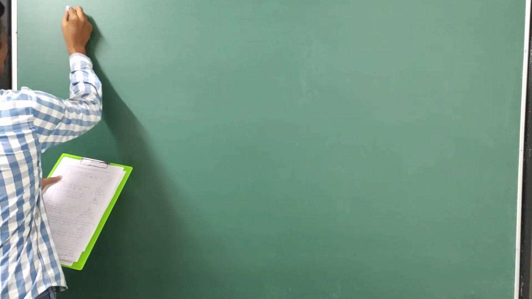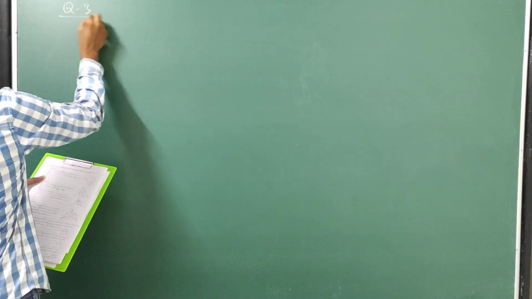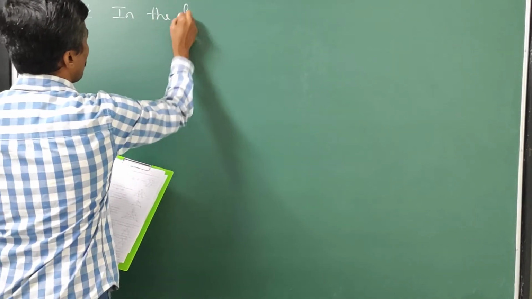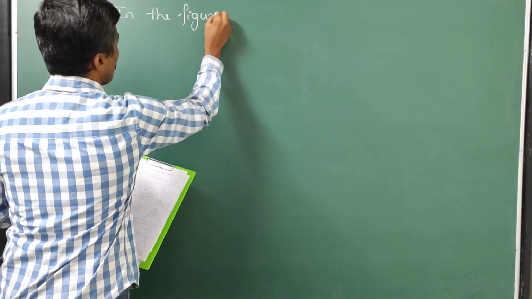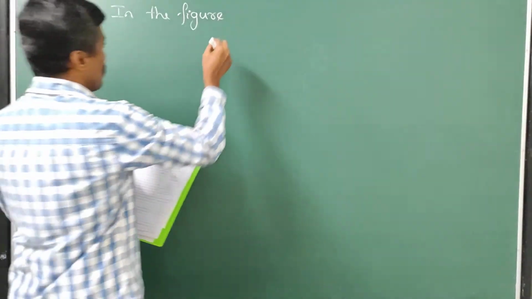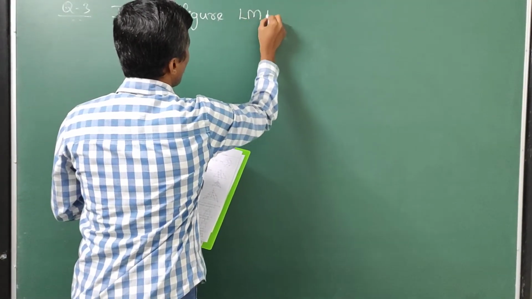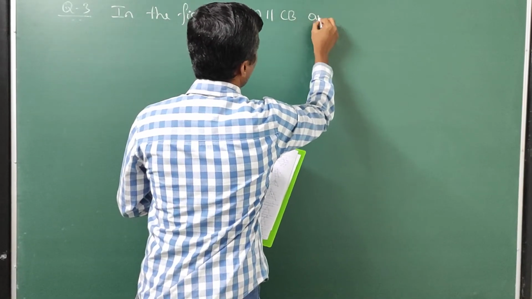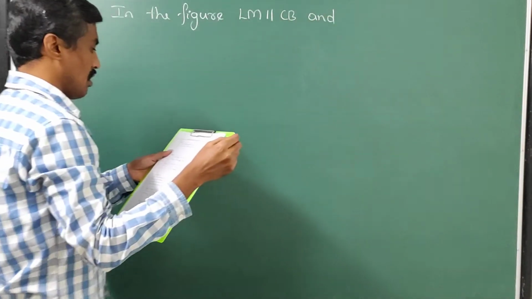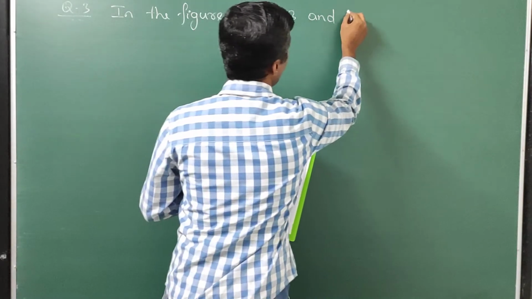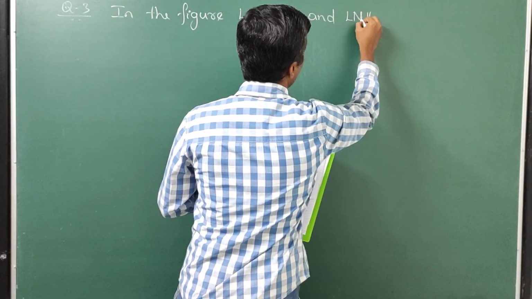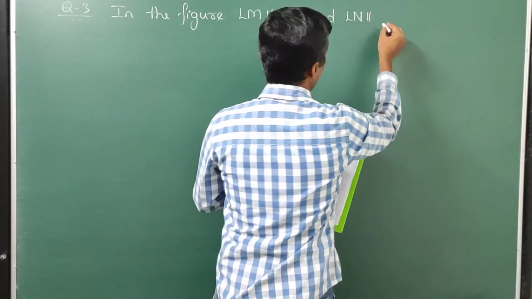In the figure, LM is parallel to CB and LN is parallel to CD.